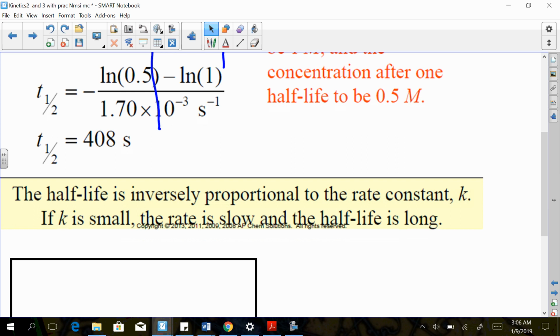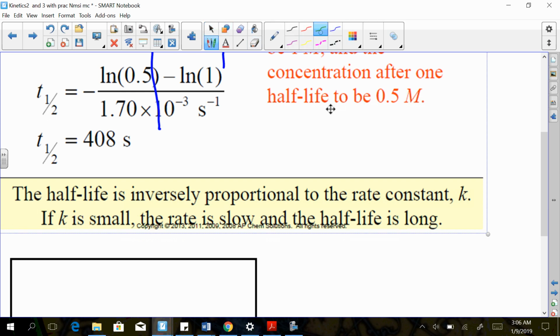Because if we look at that rate law, rate equals K times whatever the concentration is. If this is really slow, this is going to be a really small number. K is going to be small. It's going to take a really long time, so it'll have a big half-life.